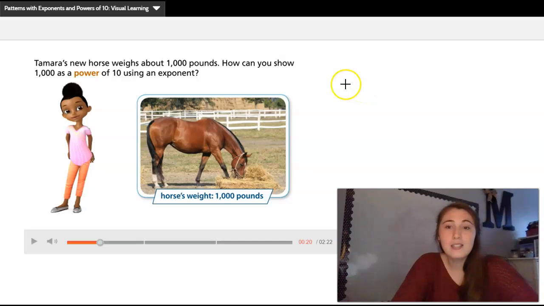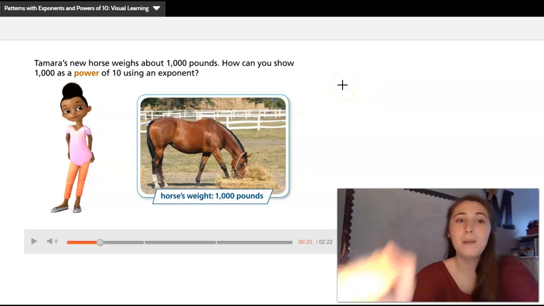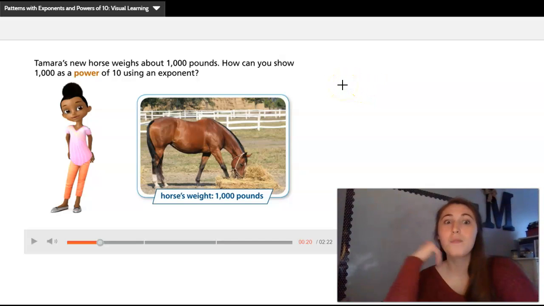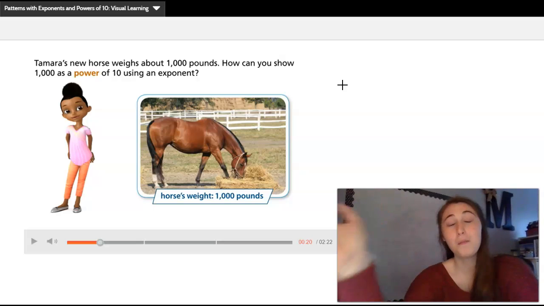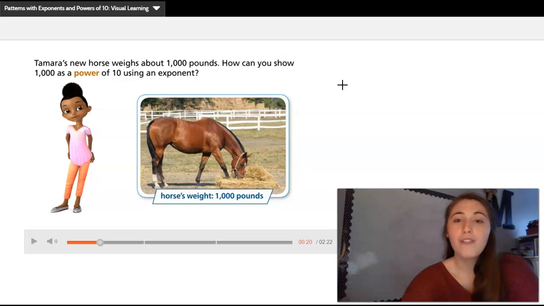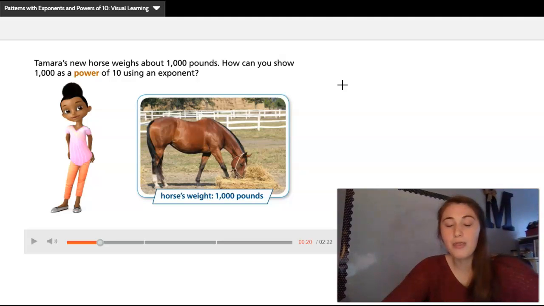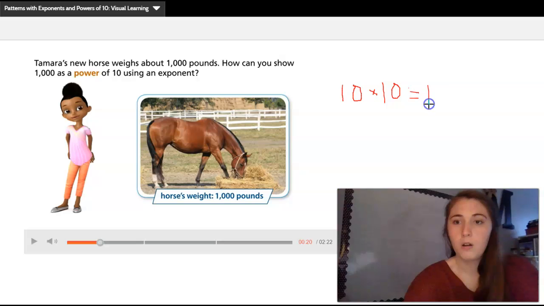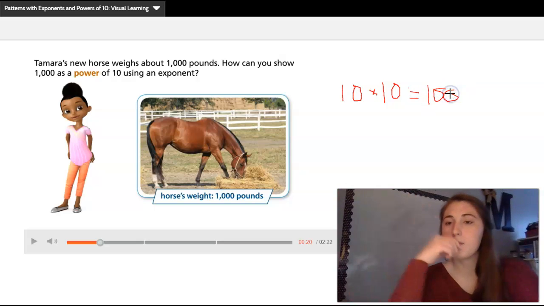So with our powers of 10, that means we're multiplying by tens. So if I look at this, I need to make 10 to the power of something equal to how many times I'm multiplying by 10. I need to see how many times I can multiply 10 by to get 1,000. So I know 10 times 10 equals 100, but that's not big enough.